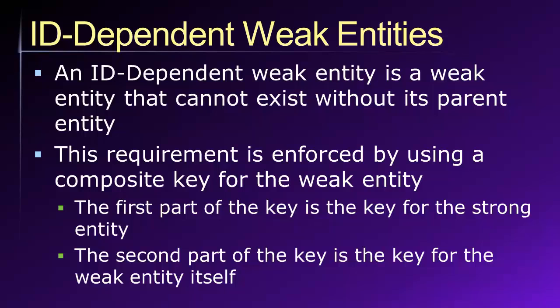Another way of saying that is the ID-dependent weak entity will have as part of its primary key the primary key of its parent entity. In this way, the database will enforce the constraint that instances of the ID-dependent weak entity cannot exist without being associated with an instance of its parent entity.